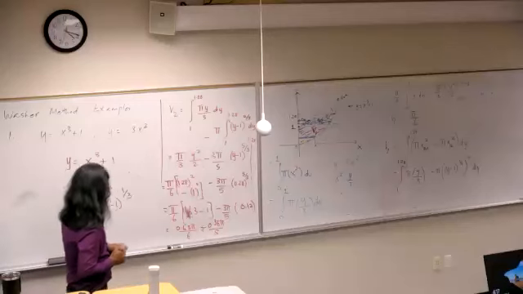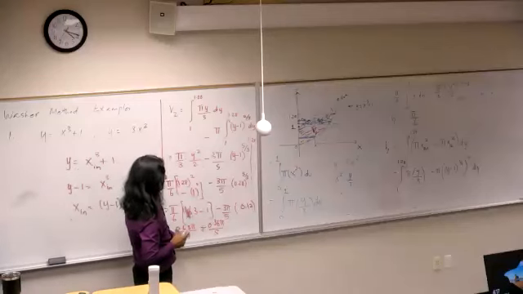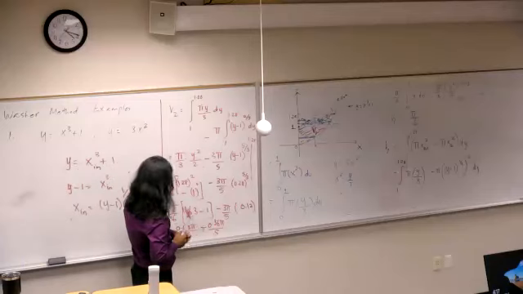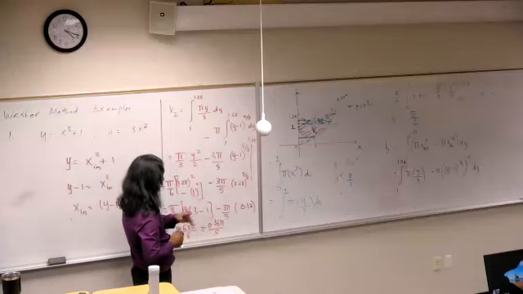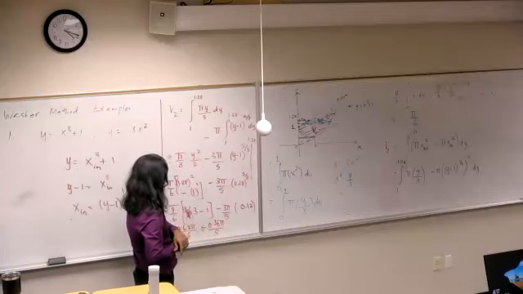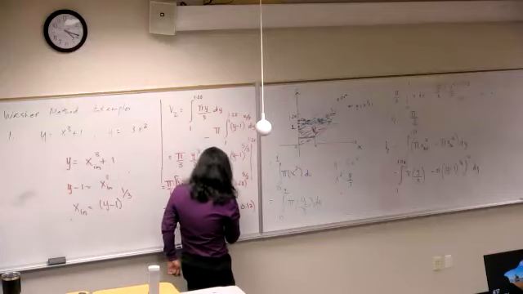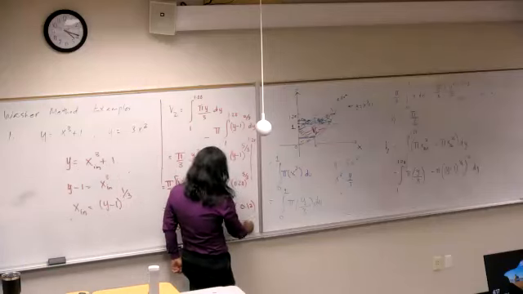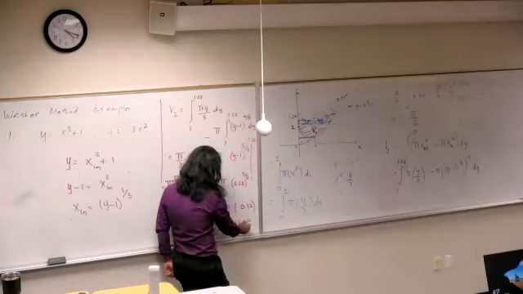What do we get? 5 times 0.63, 3 point something, minus 6 times 0.36, 1.8 something. So approximately 1.2 pi over 30.